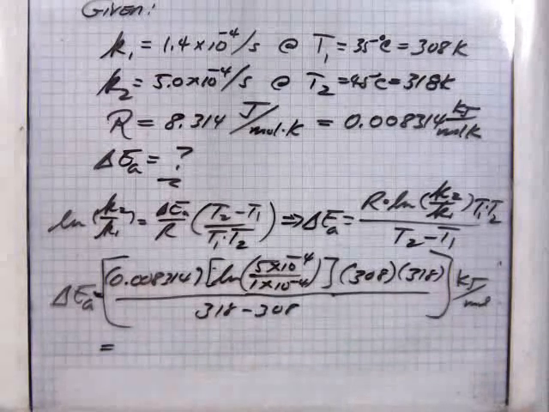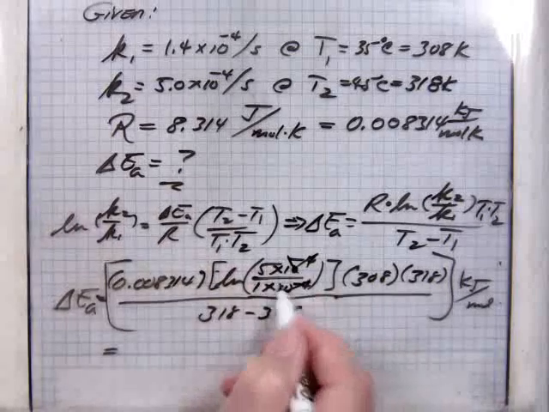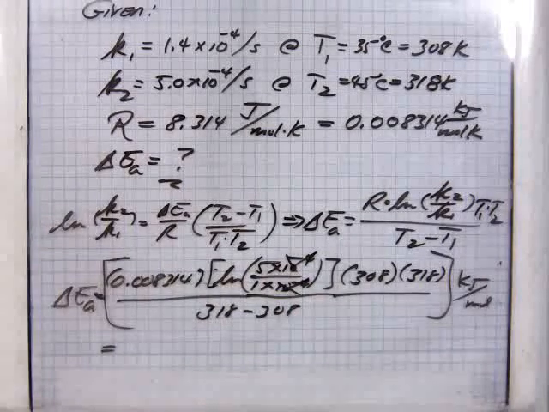And so it's more of a plug and chug type problem. Let's see, 5 times 10 to the minus 4. Well, the minus 4s drop out real quick, so it's ln of 5 times 0.008314 times 308 times 318 divided by 10, and I get 131 kilojoules per mole.